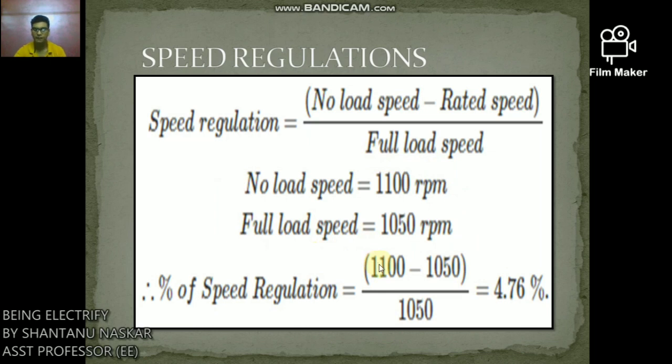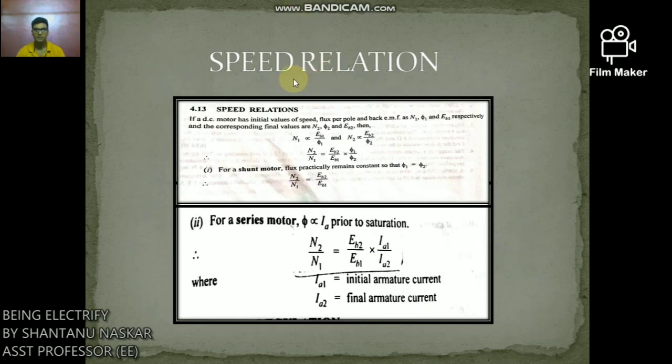Okay, next, the speed relation. If a DC motor has initial values of speed, flux per pole and back EMF as N1, phi1 and Eb1 respectively, and corresponding final values N2, phi2, Eb2. These are the initial things, that's why we write 1, and this is the final value, so we write 2 in subscript.